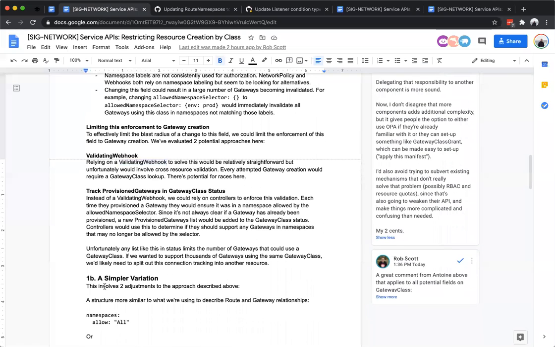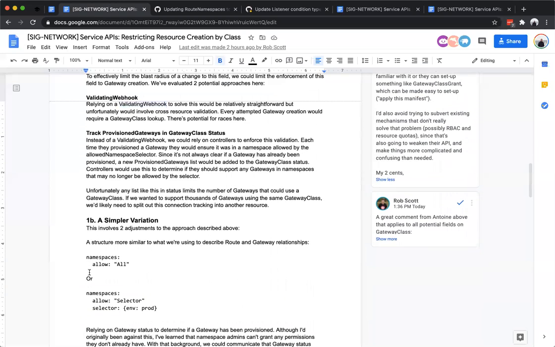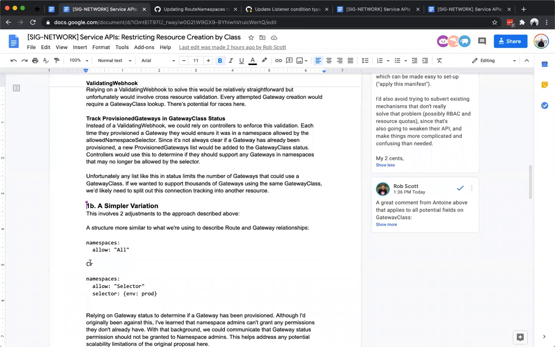I tried a simpler variation of that, which would be using a pattern that we have already for the gateway route relationship. And this would be a namespaces field with allow and the same kind of enum here, and potential for a selector as an option.